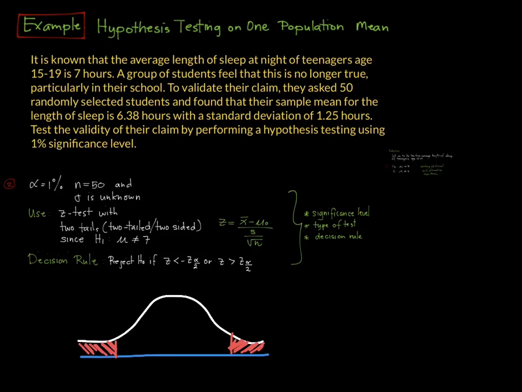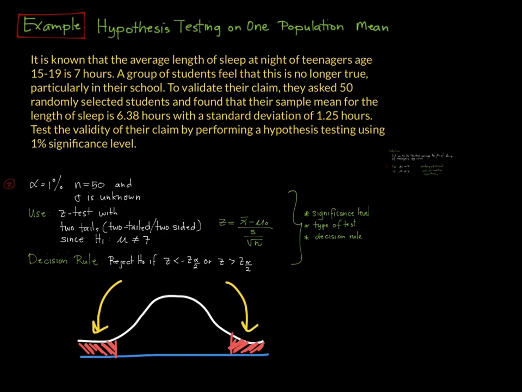This will also guide us in identifying the decision rule, and the decision rule is to reject the null hypothesis if the z is less than the negative z of alpha over 2 or if the z is greater than z of alpha over 2. It simply means that the value will fall on the critical region or the area of rejection that will lead to the rejection of the null hypothesis.